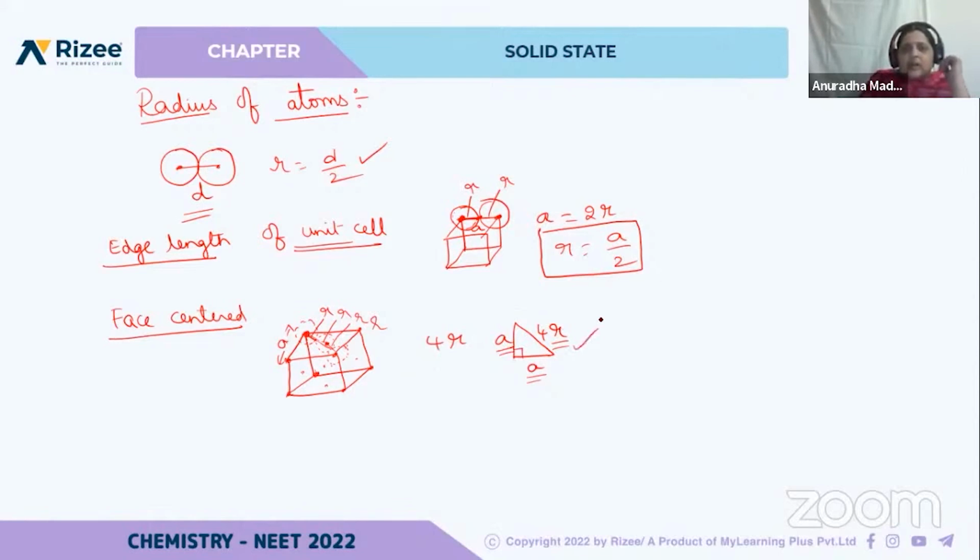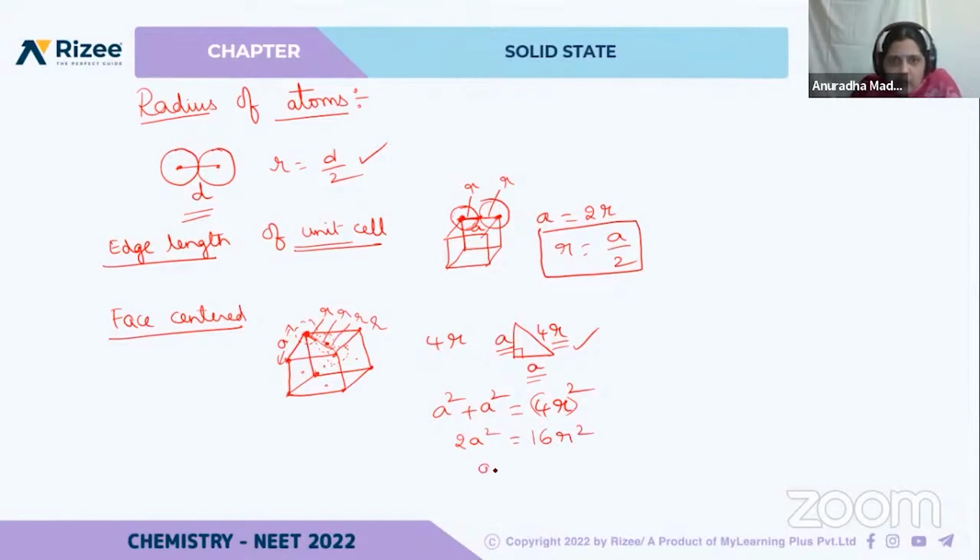Looking at this, if we apply the Pythagoras theorem, what is the Pythagoras theorem? The sum of the squares of two sides is equal to the square of the other side. So A square plus A square is equal to 4R square, that is 2A square is equal to 4 into 4, 16R square.